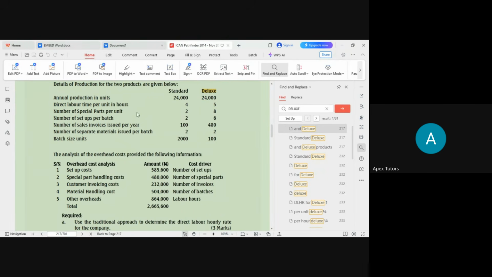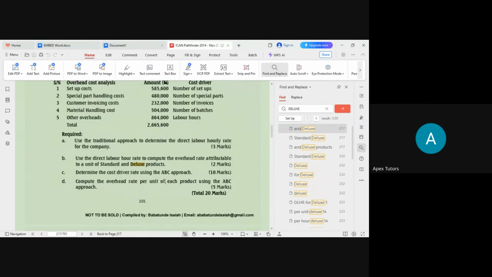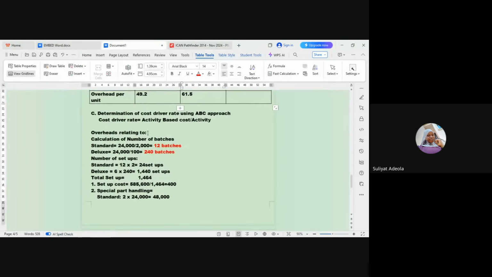So for you to know the total number of special parts, it will be 2 by 24 and 8 by 24. So you know the total special parts. Then you divide the total overhead value for special part handling cost by that. I don't know if that is fine. Yes, fine, thank you.